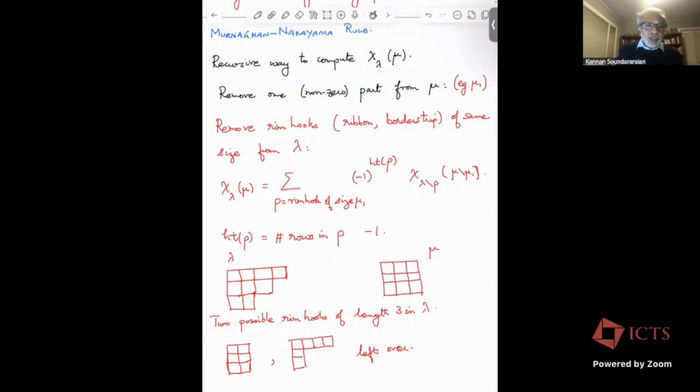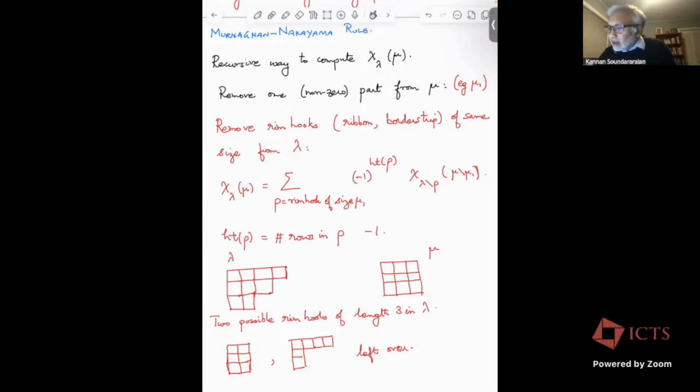And what you're supposed to do is take a part in mu, and you have a procedure of calculating the character value chi lambda of mu in terms of partitions that you get where you remove one part from mu, like maybe the largest part mu1, and correspondingly you remove from lambda certain hooks, or what are called rim hooks.